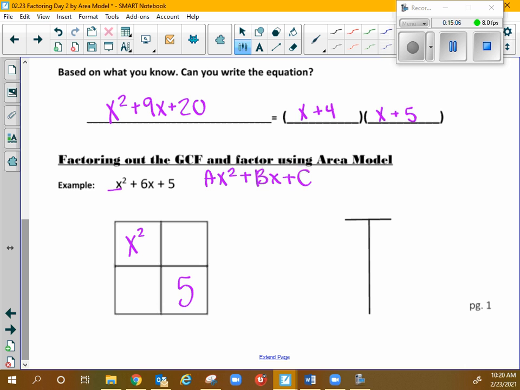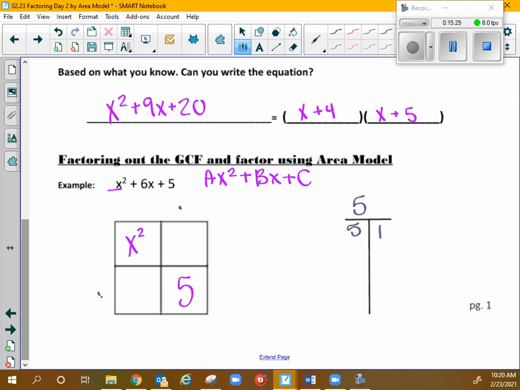Because this number depends, right? I have this nice little T-chart out here because what we're going to do is we're going to look at factors of 5. The reason I'm looking at factors of 5 is because I need to find out what's here and what's here, right? What are my factors of 5? 5 and 1. We're starting off simple.